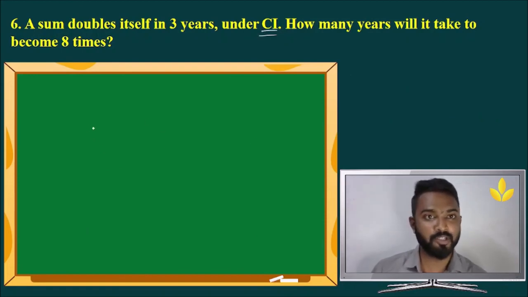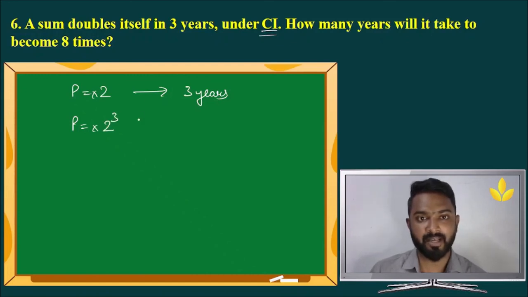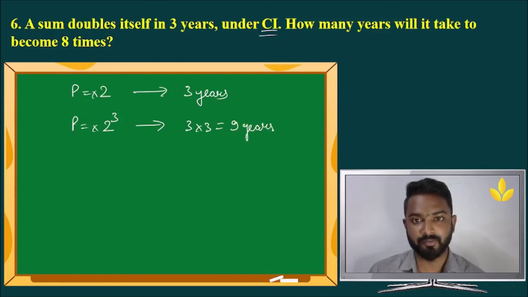We already know the shortcut for this. The sum doubles itself. The principal becomes 2 times in 3 years. So the principal will become 2 power 3 times, that is 8 times, in 3 into 3, that is 9 years.